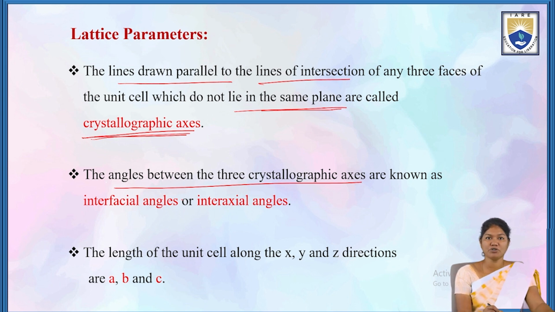The lengths of the unit cell along the x, y, and z directions are a, b, and c.